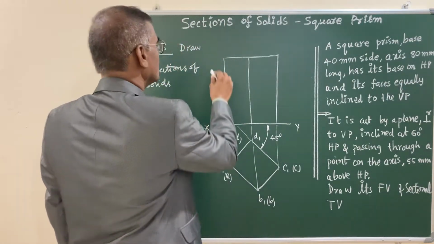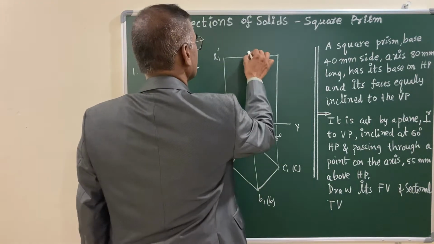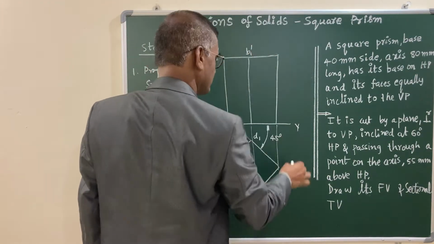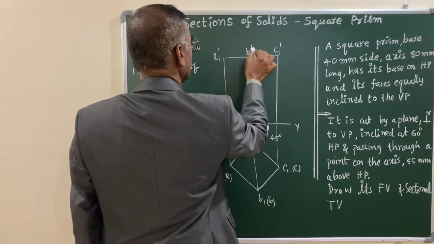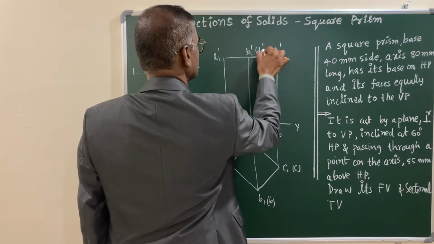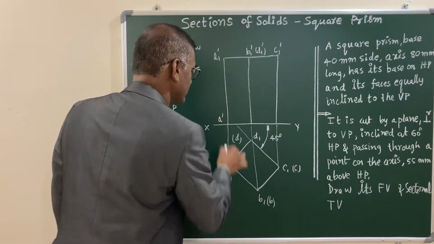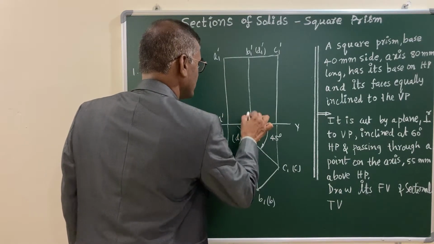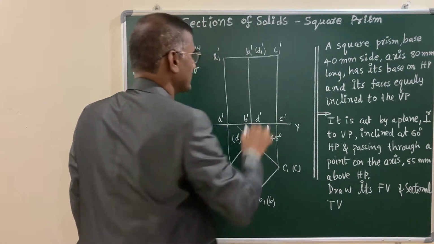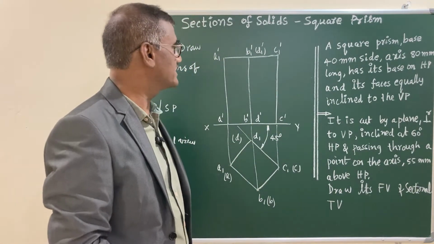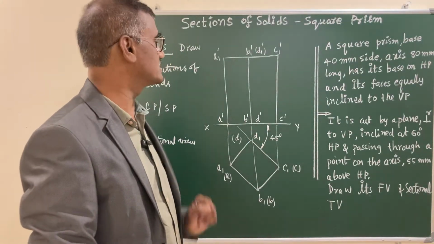Here A1 you will be marking as A1 prime, B1 it is B1 prime, C1 prime, and D1 prime is hidden. You can write down D1 prime within the parenthesis. Similarly, the bottom end face, it is A prime, and this is your B prime, C prime, and D prime. So this completes the first stage of the problem, projection of the solids in simple positions.